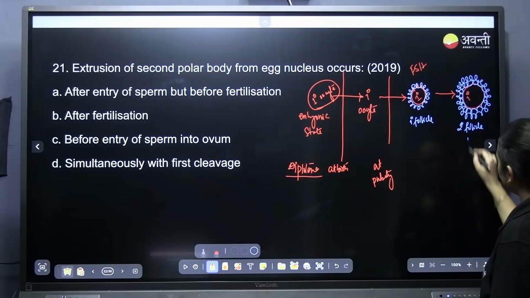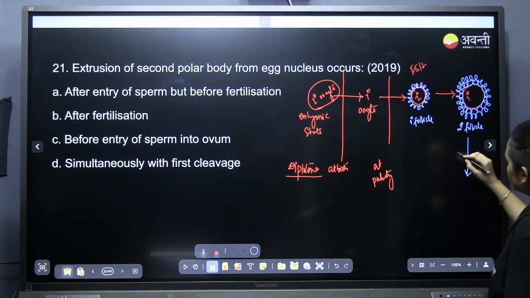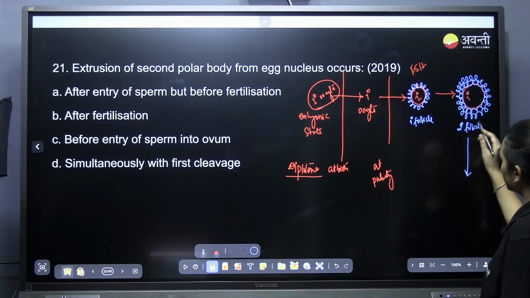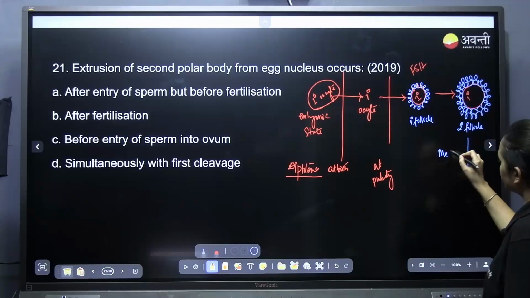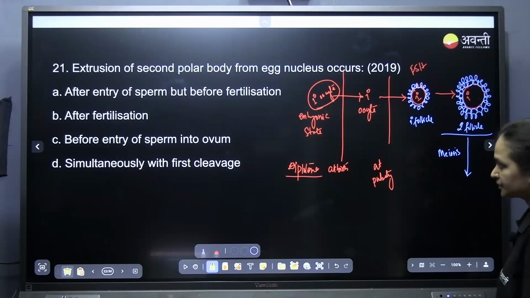Next, when it becomes a tertiary follicle, at this particular stage the first meiotic division will be completed.